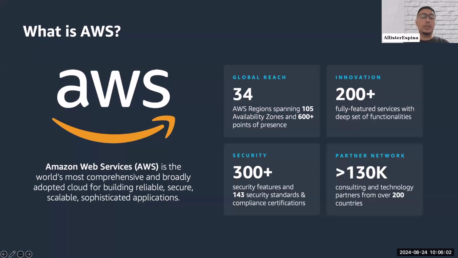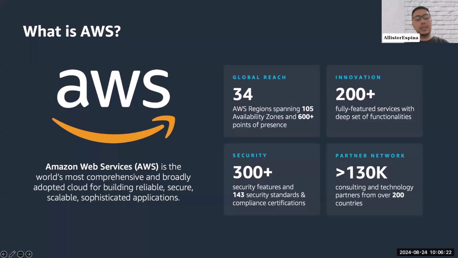In terms of security, with AWS, security is job zero, meaning it's a top priority for everyone in AWS. That's why AWS built more than 300 security services, features, and tools to help you elevate the security in the cloud.